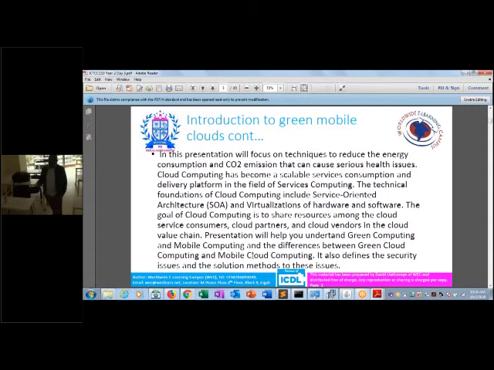A lot of energy consumption is also costly, so it consumes a lot of money. So how to solve this issue? It is the introduction of green cloud computing, which provides means of consuming less energy and reducing the emission of CO2.